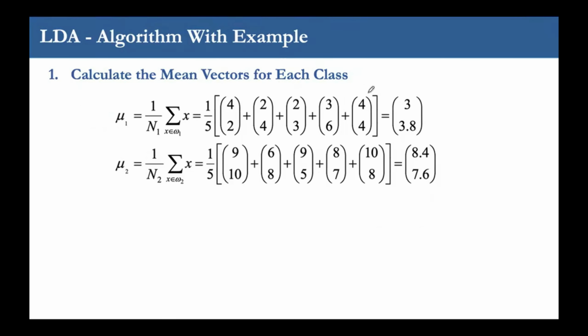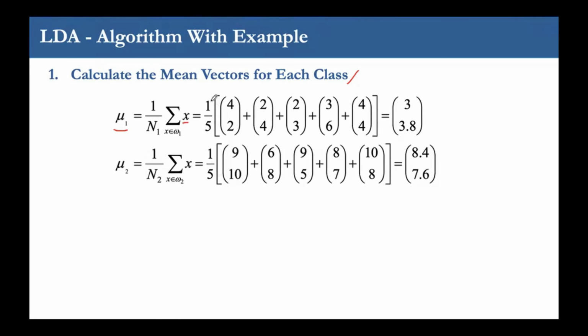The first step is to calculate the mean vectors for each class. We select the data points for each class and then find the mean vectors. What is the formula to find the mean? Mu1, where 1 represents the first class, C1. Mu1 equals 1 by n1 times the summation of x, where x belongs to all the data points.